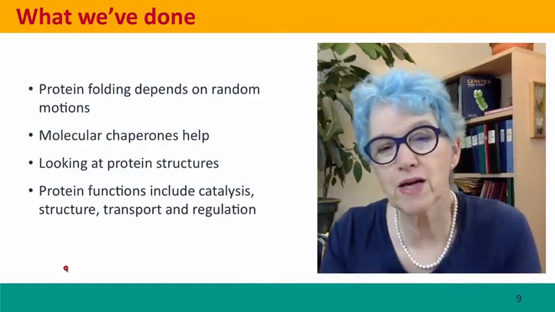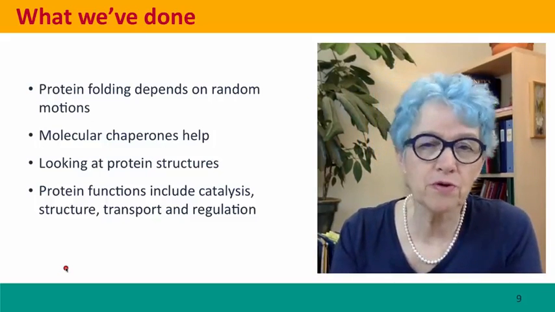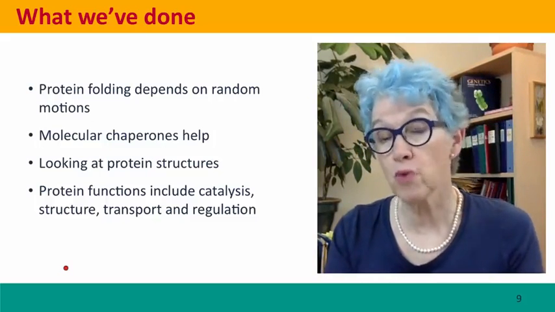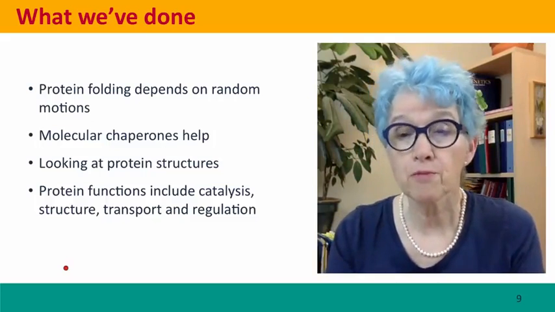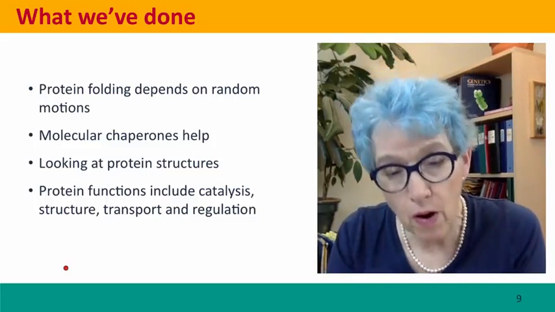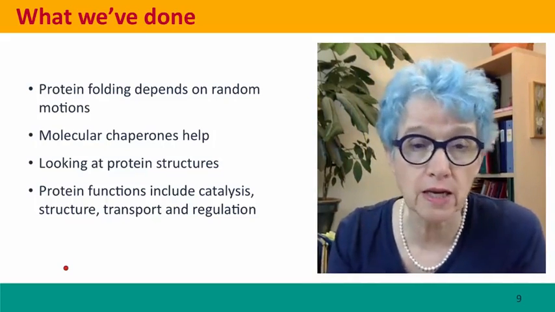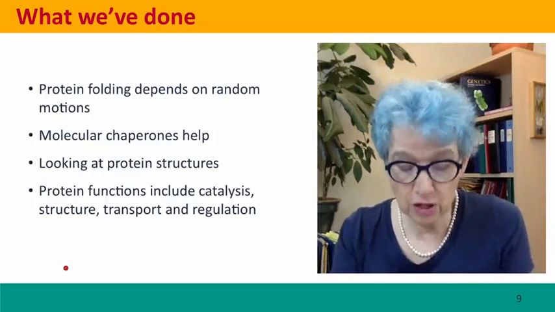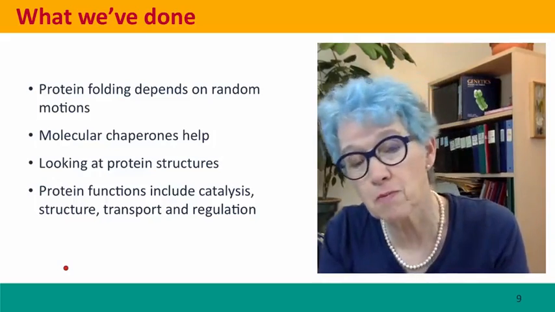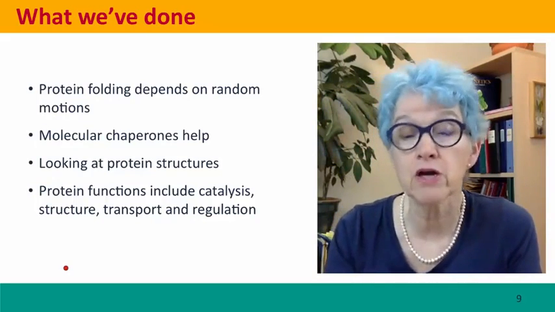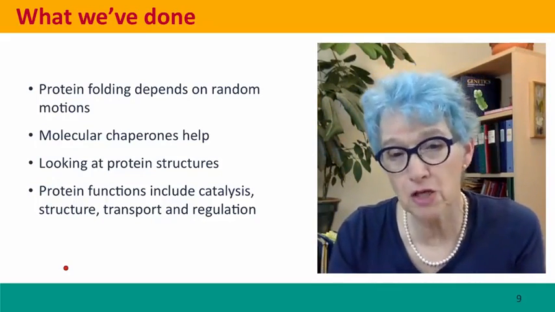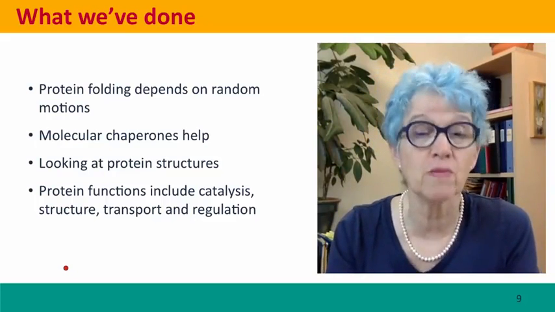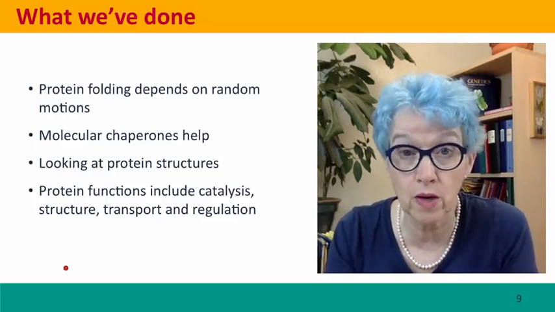Now, we talked about how protein folding depends on random motions of the protein, bringing together parts of the protein chain that can form stable interactions. This folding is assisted by special proteins called molecular chaperones that help make sure that the right interactions form so the protein folds in the right way.